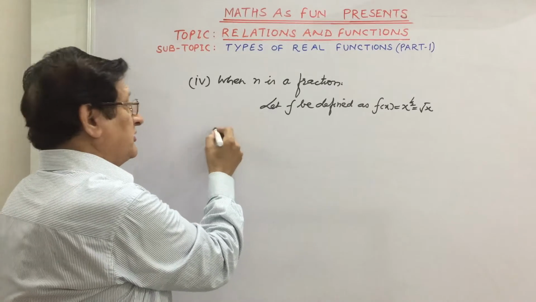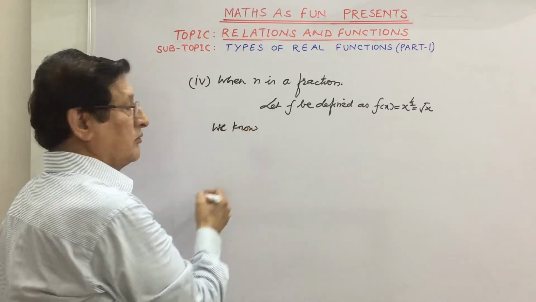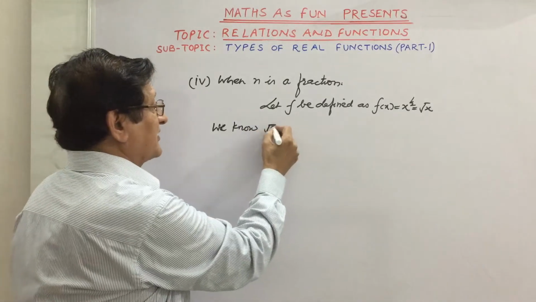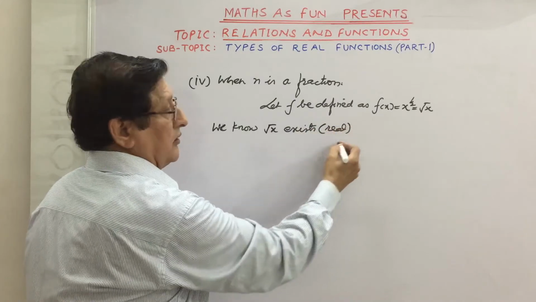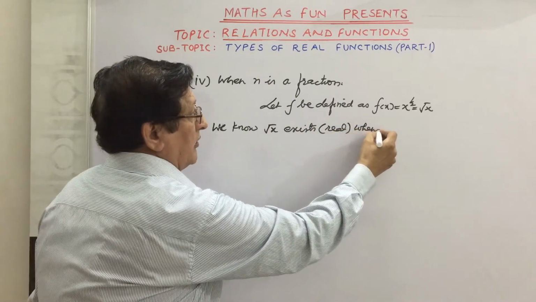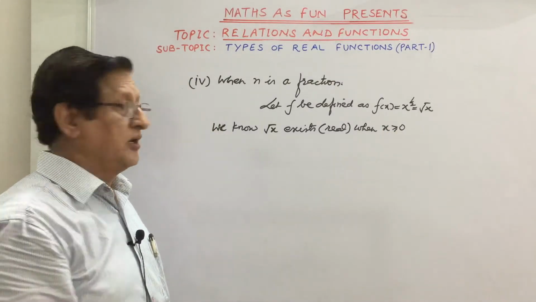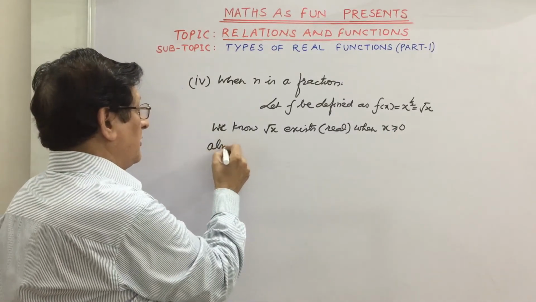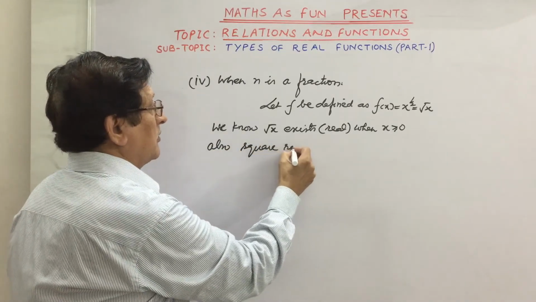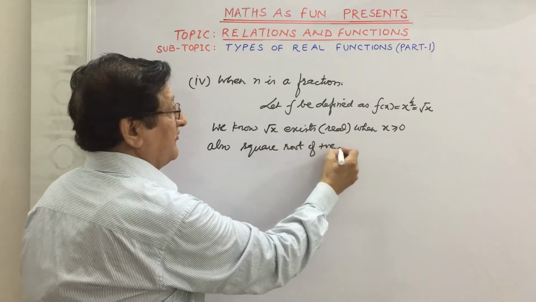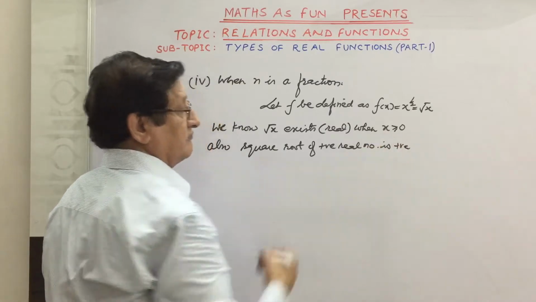We know root x exists, or it is real, when x is greater than or equal to 0. And also we know the square root of a positive real number is positive.